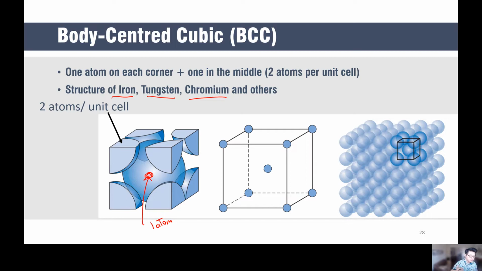And then, how many atoms are inside this unit cell? We have plus 8 times 1/8, which equals 2. Okay, so these are the corner atoms, right? And so a body-centered cubic consists of one body-centered atom plus 8 1/8 corner atoms, okay?